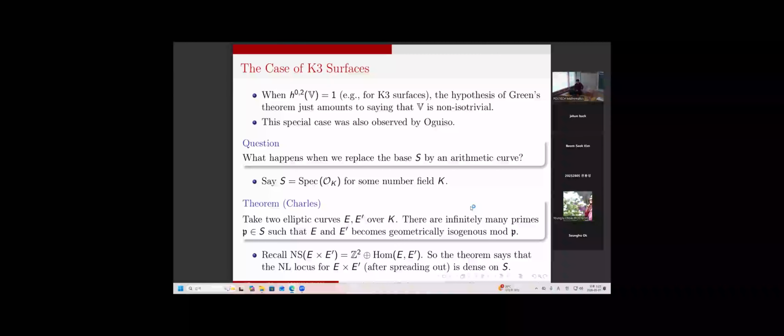That means in a family, if you have an extra homomorphism from E to E prime, then you have an extra line bundle on the product of the two curves. So Charles' theorem implies that if you consider the product abelian surface, then the Noether-Lefschetz locus, which is a sublocus on the ring of integers, is infinite or dense, because now you're over a curve.